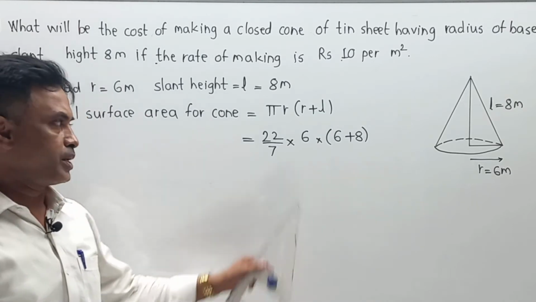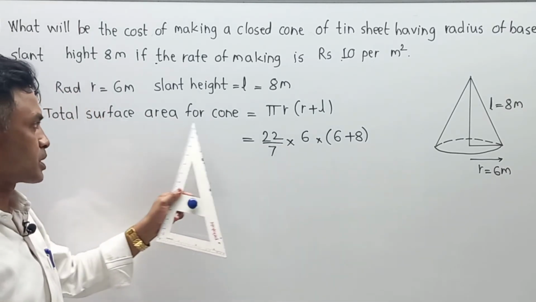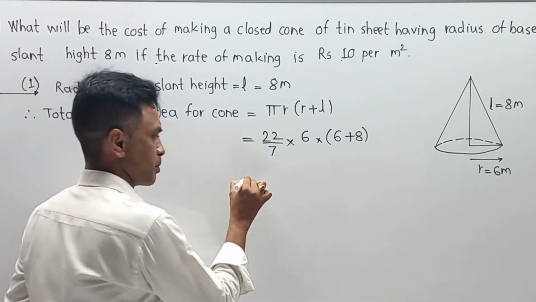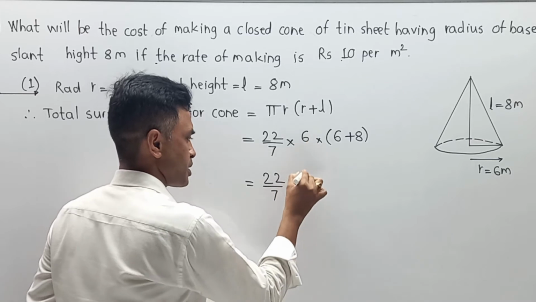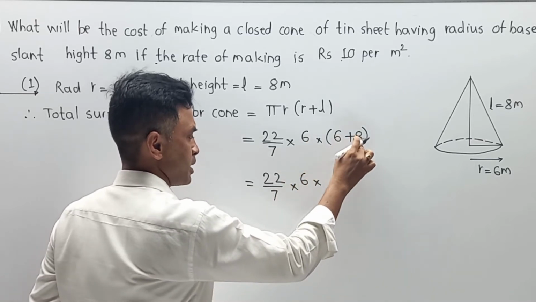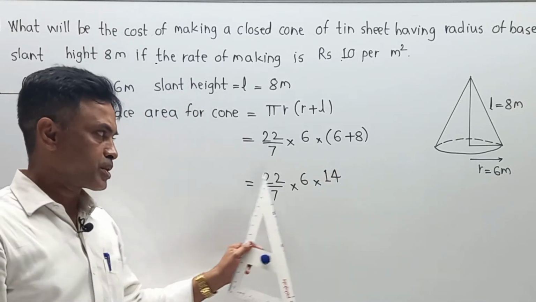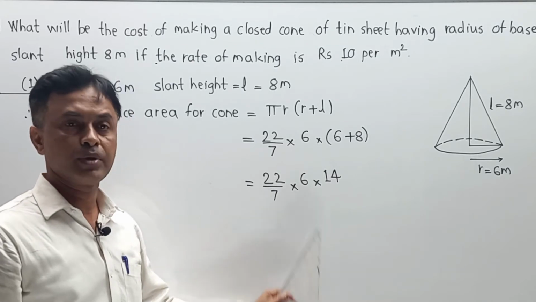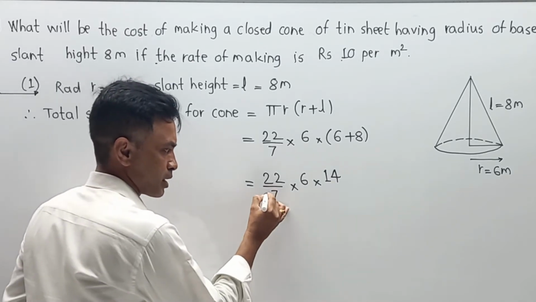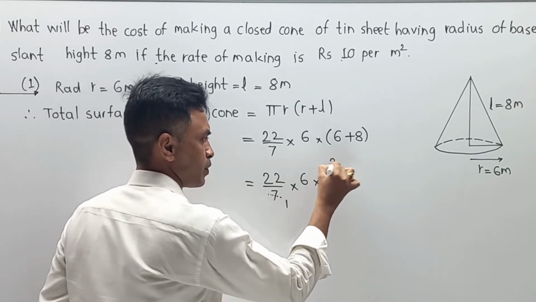Now our main rule is to simplify this part and get the total surface area. So total surface area of a cone. Now simplification, 22 by 7 into 6 plus 8, 14. Now we have to simplify that part, and in that case some simplification I am going to show over here. Please pay attention. Here 7 ones are 7 and 7 twos are 14.